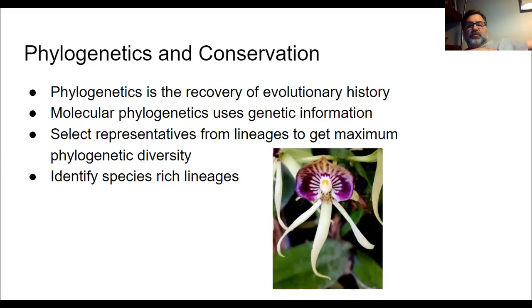One suggestion to get phylogenetic diversity is to select representatives from certain lineages. So, for example, if you have a field with several asters, several orchids, and what's another species of plant? So asters, orchids, and let's say honeysuckles, you don't grab 3 honeysuckles, you don't get 2.